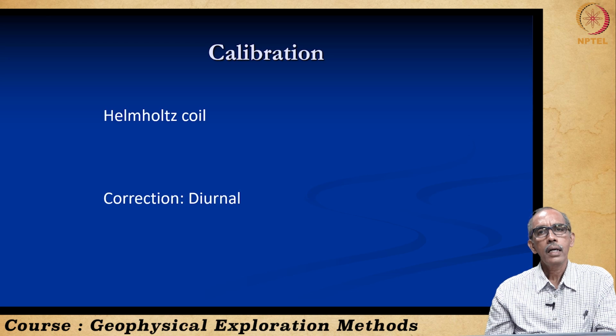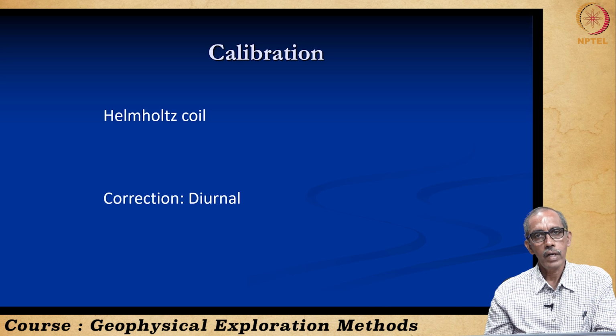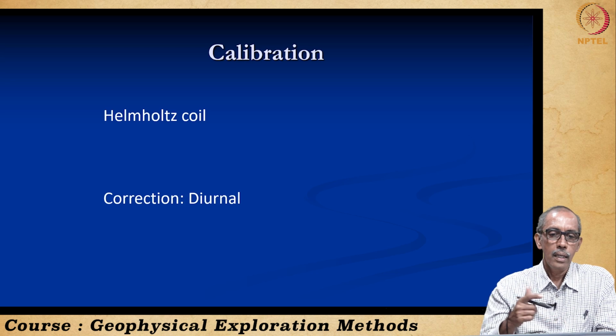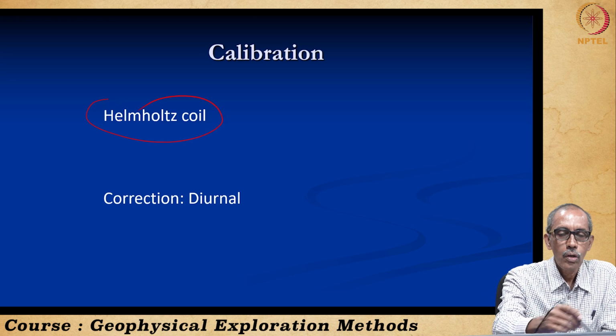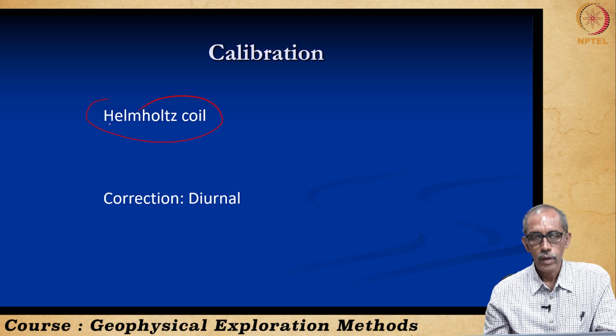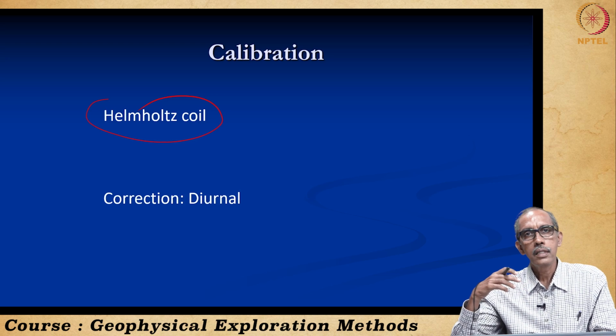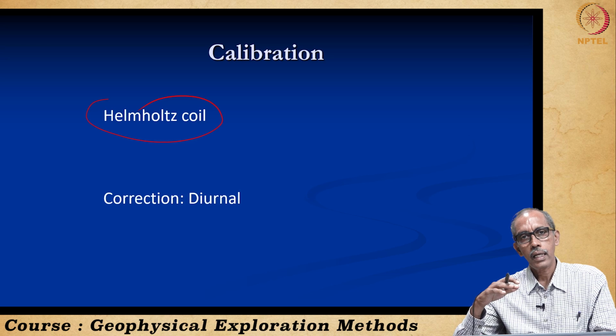Now, a magnetometer needs to be calibrated before the measurement, because we want to make sure whether the magnetometer we have is working well or not. This is done by a Helmholtz coil. This coil will be used because it generates a fixed magnetic field.